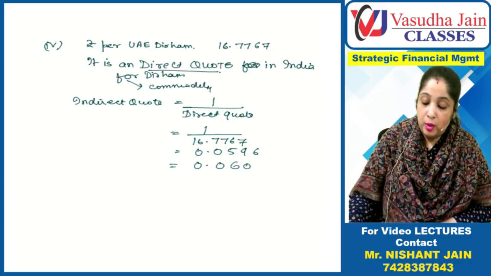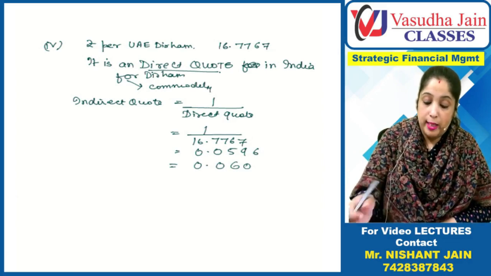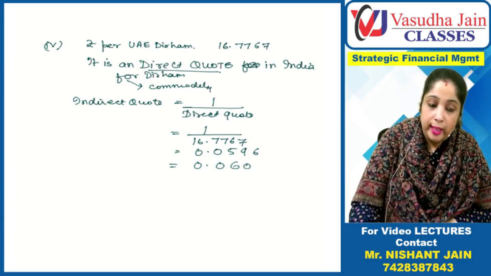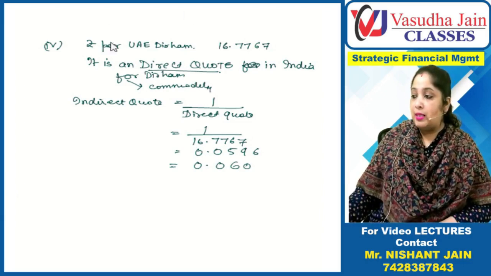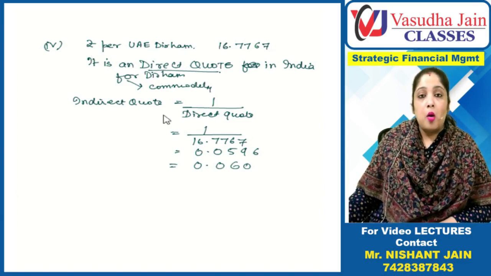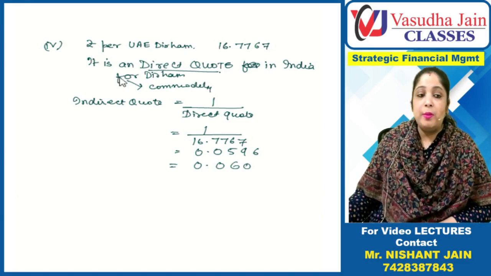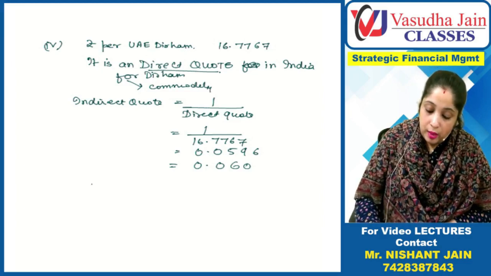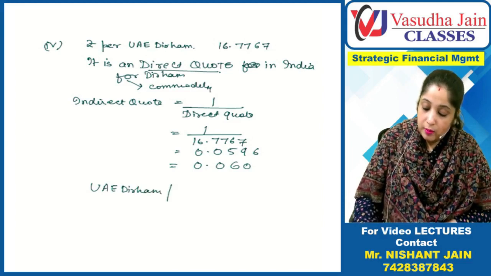Now, don't leave it here, write it properly. Now the price currency will become the commodity and the commodity currency will become the price. Rupees currency will become the commodity and UAE dirhams will become the price currency. So we are going to write it like this, UAE dirhams in the same pattern as they have given to you.